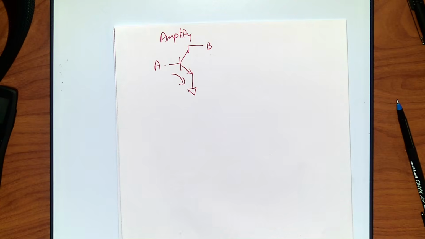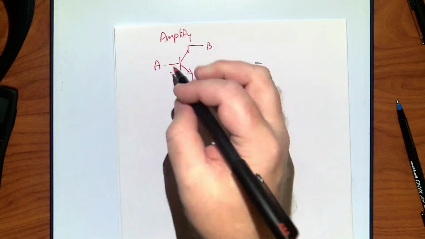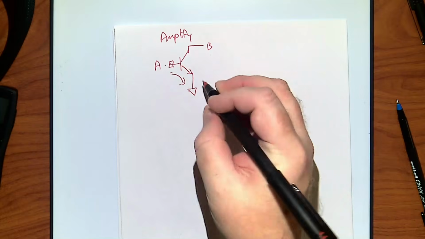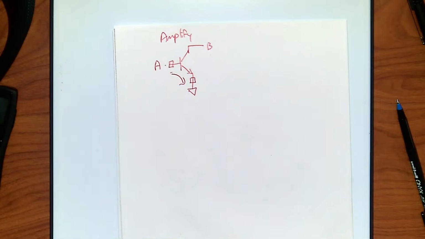How can you stop current? There's a couple of ways. The easiest is a resistor. So if I want to use a resistor, I've got two spots I could use it, right? I'm trying to stop this current flow. So I could either put the resistor here or here. Those are my two choices.